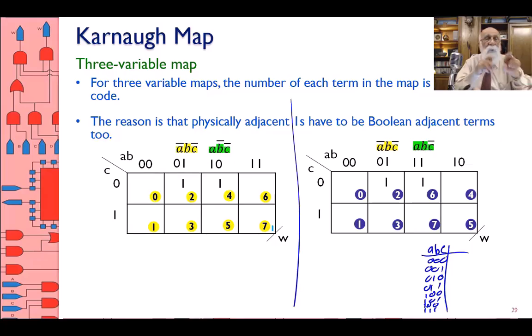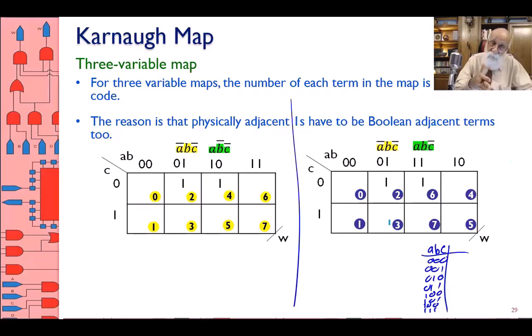So instead of going column-wise 0, 0, 0, 1, 1, 0, 1, 1, I go 0, 0, 0, 1, 1, 1, 1, 0. Now look at the right hand side. Numbering becomes 0, 1, 2, 3.